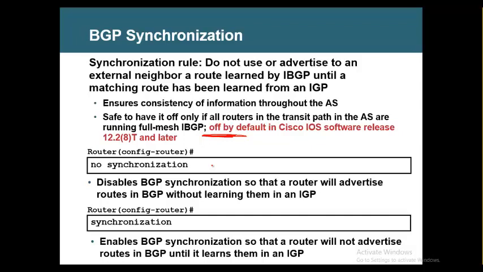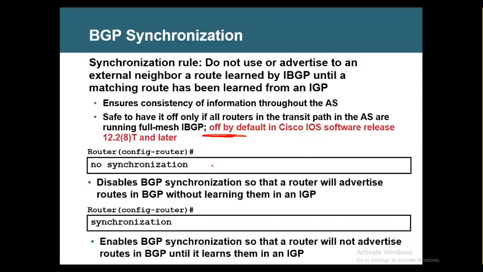The synchronization rule has got no connection to any useful route distribution, but it was there unnecessarily disturbing, and to avoid the disturbance we used to turn it off every time.